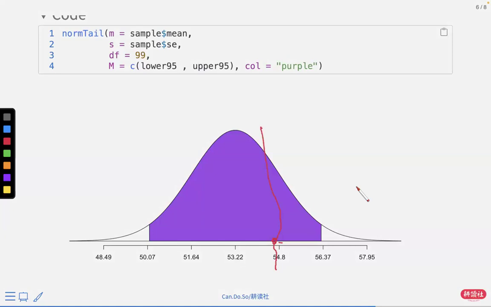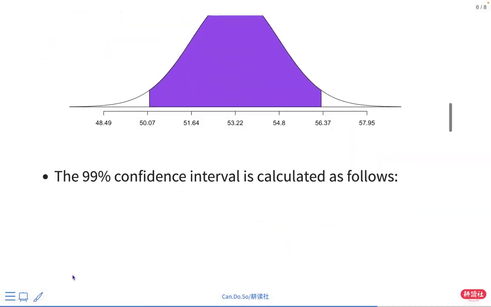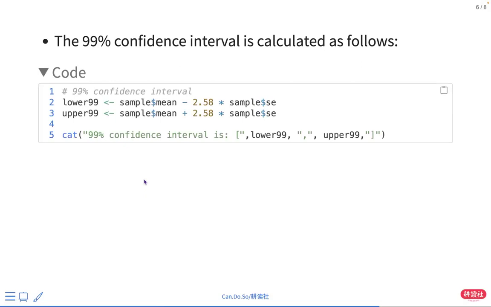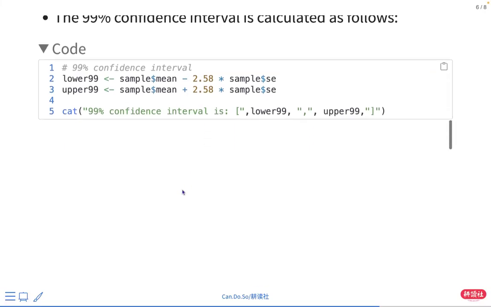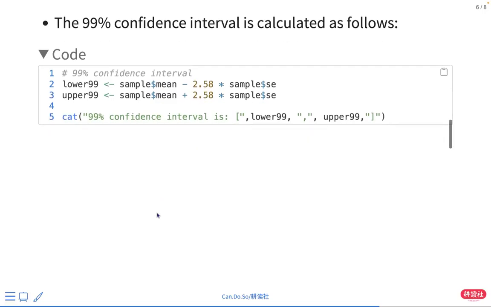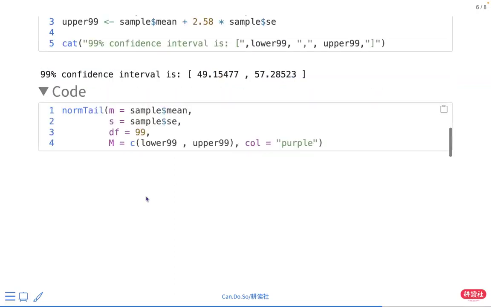The true population mean is here. If we want to find the 99% confidence interval, it's the same. We just change the critical value to 2.58. The z-score value is 2.58.